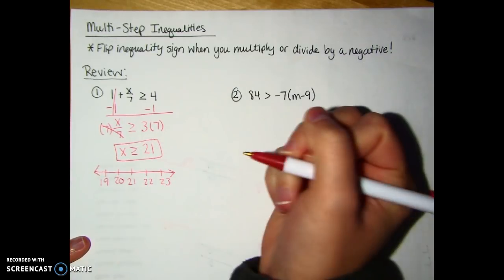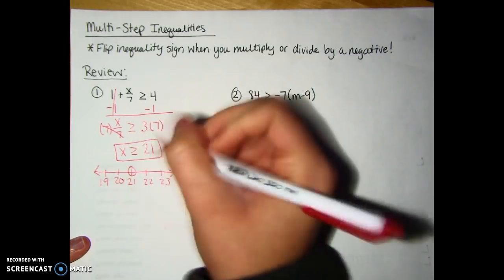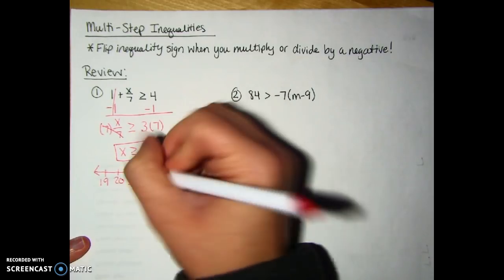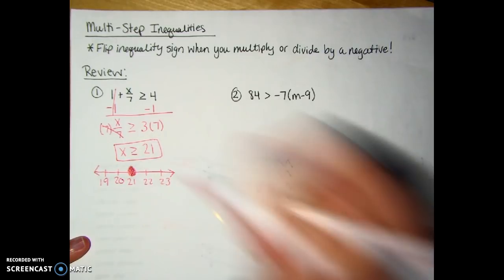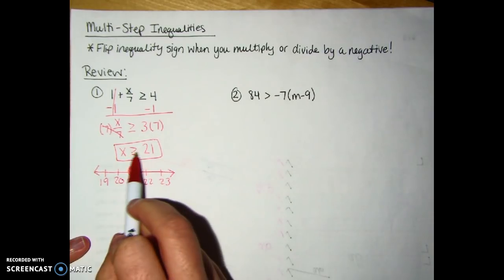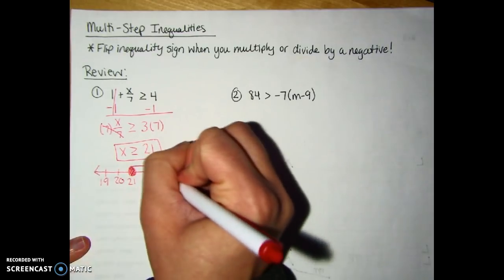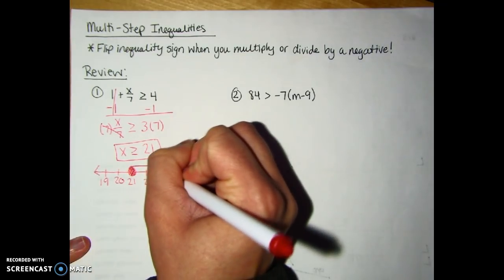I'm going to draw my circle at 21 and fill it in because it has a line under the symbol. Is it going to go to the left or to the right? It's pointing to the right, so it goes towards the right.